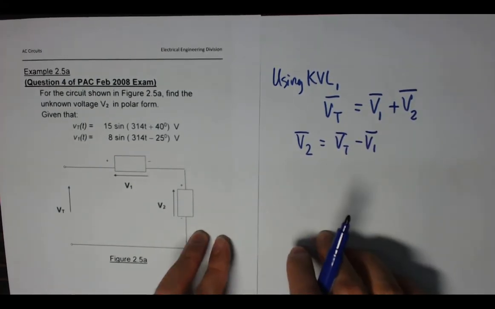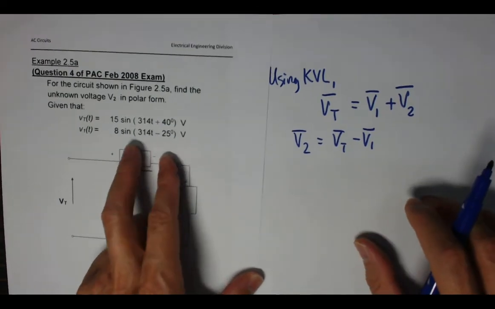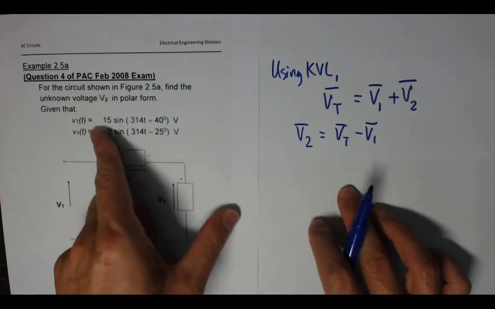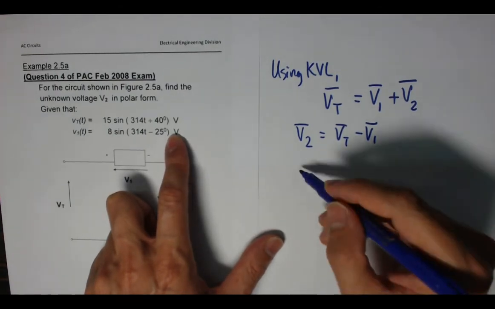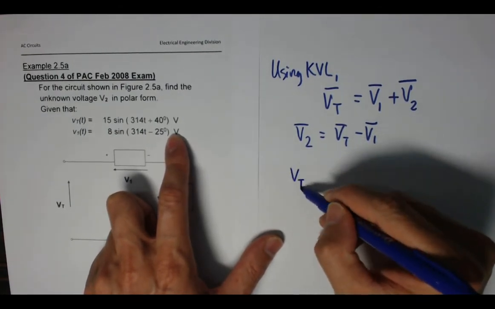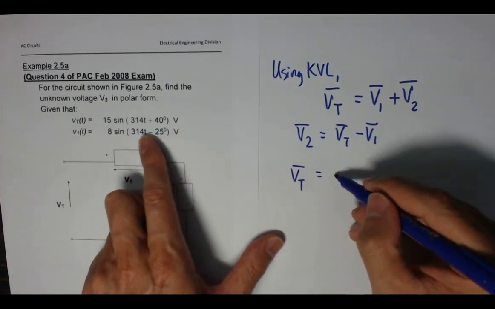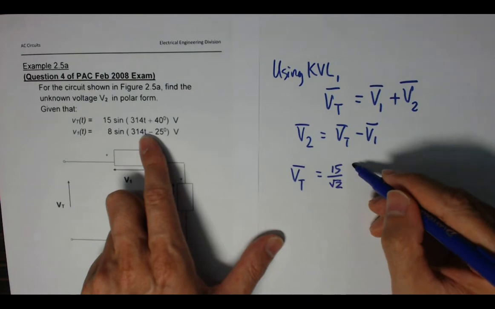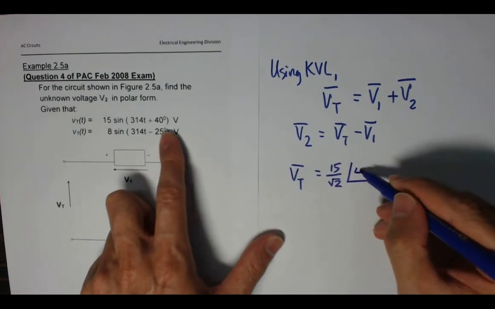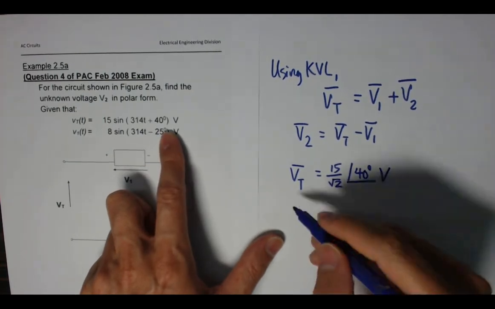So the first thing we need to do is to convert Vt and V1 in the time domain over to the phasor domain. So Vt is equal to 15 divided by root 2 to convert it to RMS, with an angle of 40 degrees.